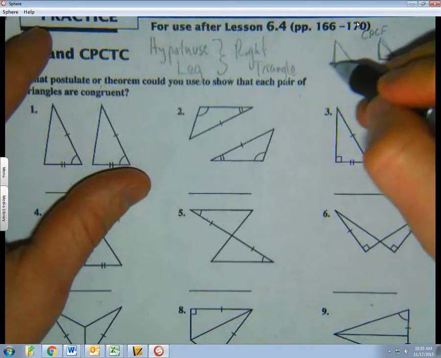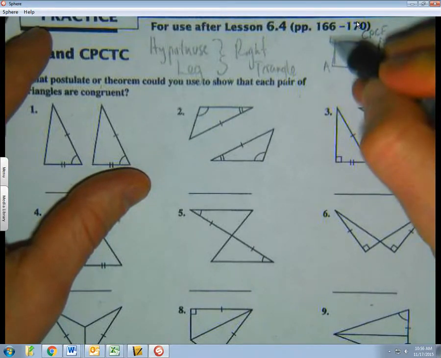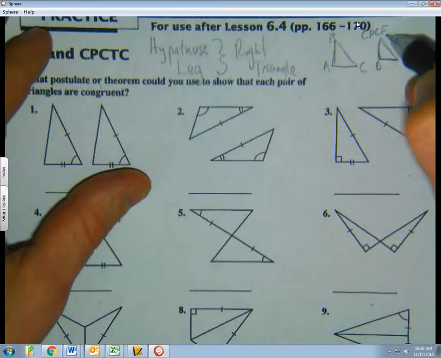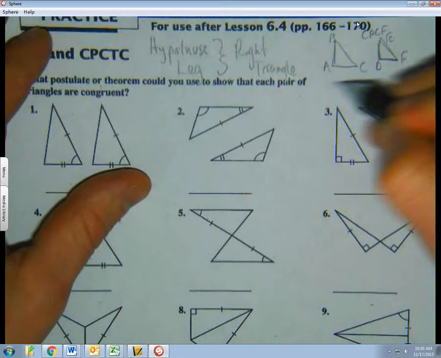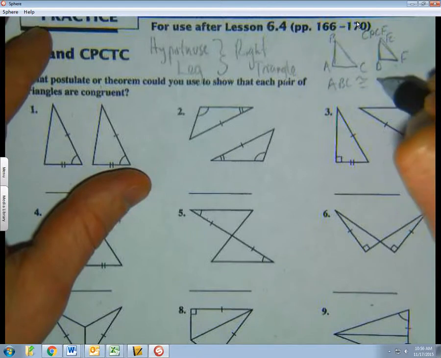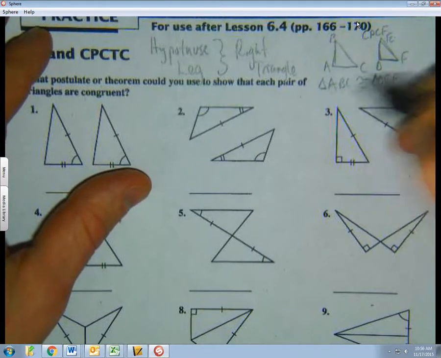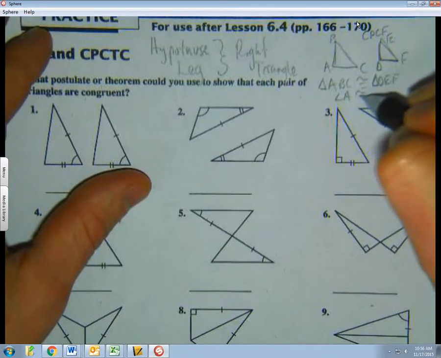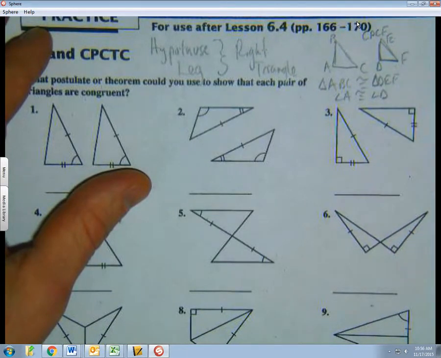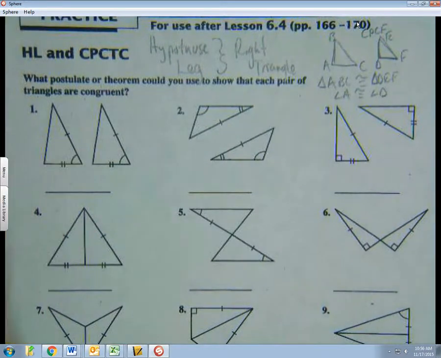If triangle ABC is congruent to triangle DEF, then angle A is congruent to angle D. And we did that last chapter, and you guys were good with that in looking at the data, so I'm not even sweating that, really. That's common sense 101. It's use your head 101. Okay? So let's get back to this kind of thing.